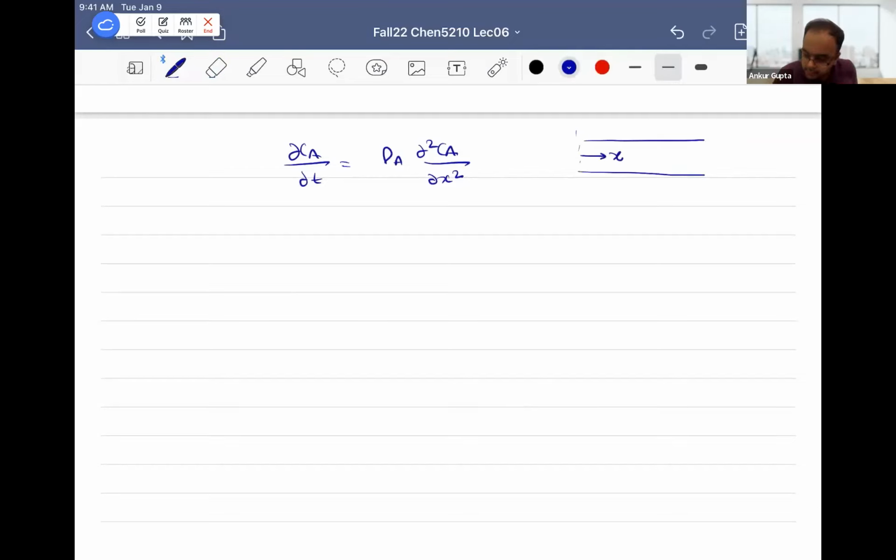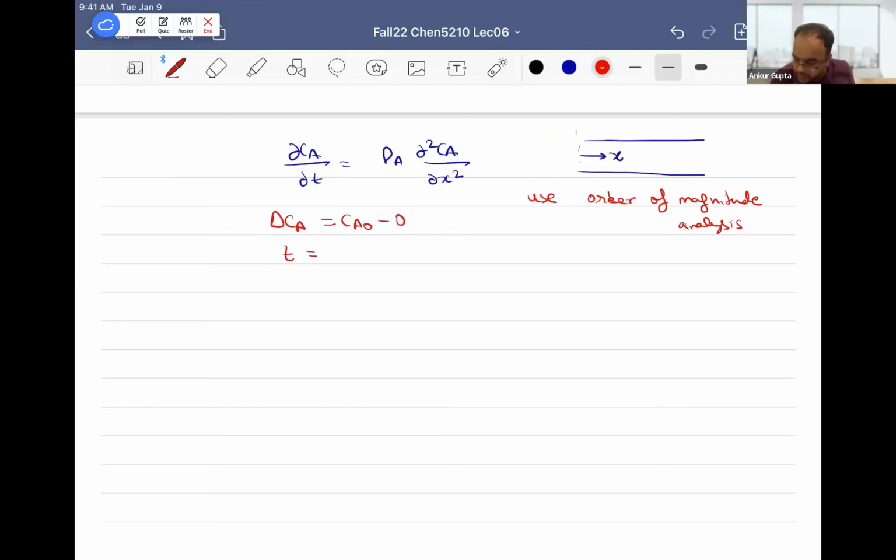The idea is this: we know delta CA, so use order of magnitude analysis. Delta CA is CA naught minus 0. That makes sense, right? That is going to be the change always.